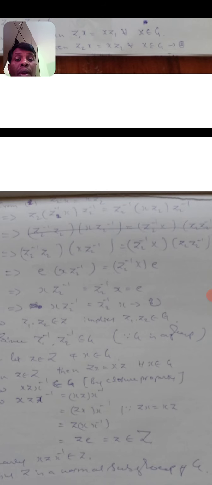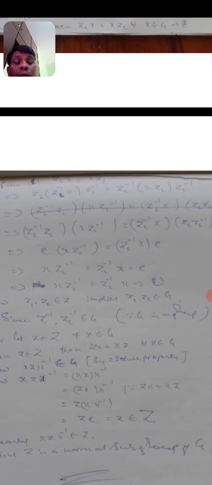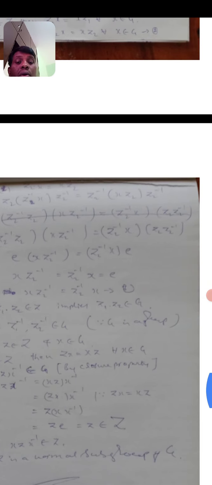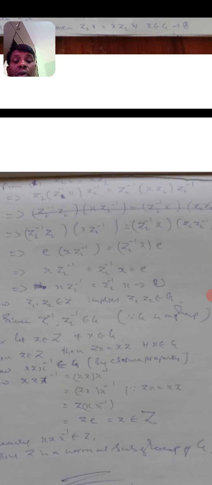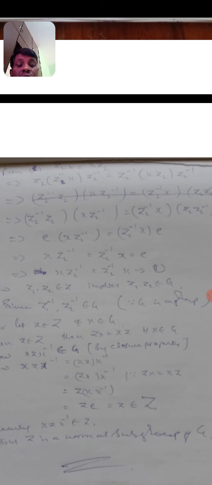Since z2 inverse z2 is the identity element e, it implies x z2 inverse is equal to z2 inverse x. Write it as equation number 3.